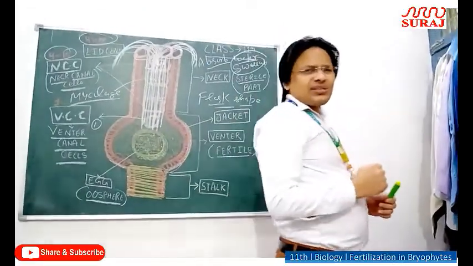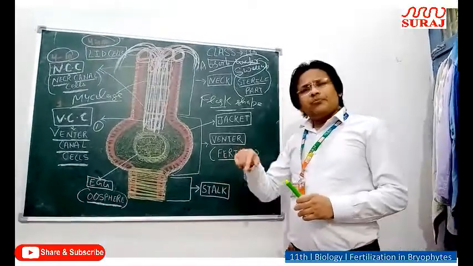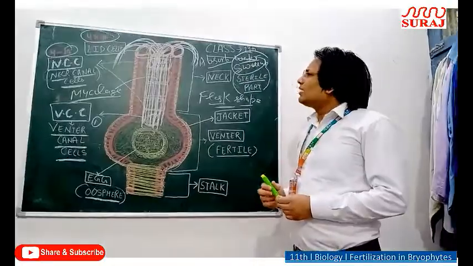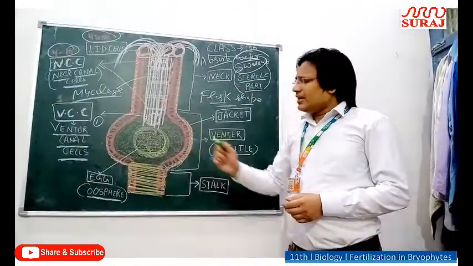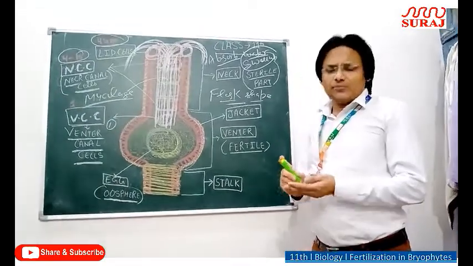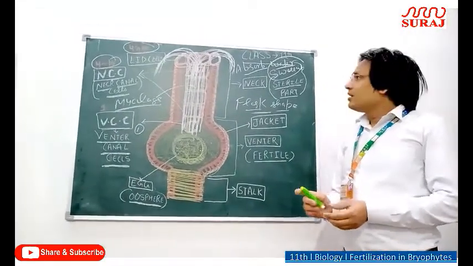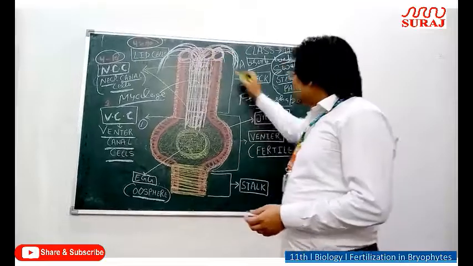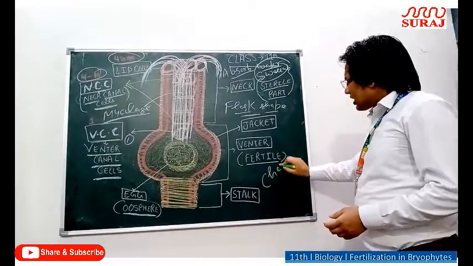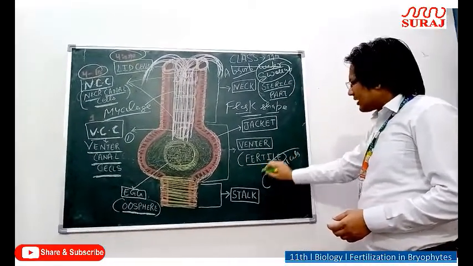Now the question arises: how does the male gamete enter the female gamete? The mucilage contains some chemicals. This type of movement is known as chemotactic movement.